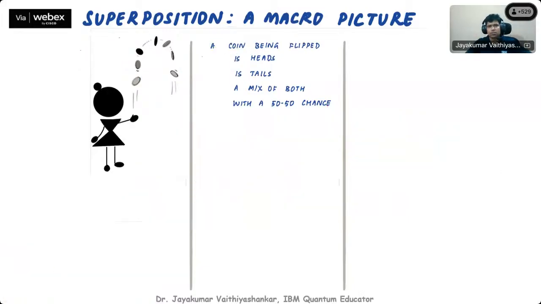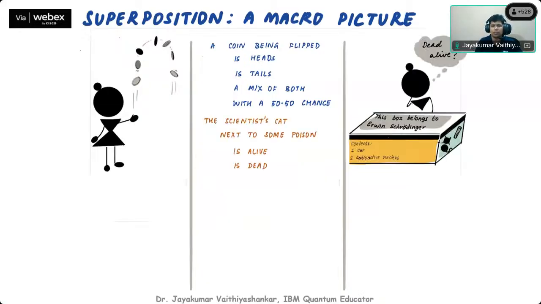If you understand this example, you can understand the Schrodinger's cat experiment. We are taking a black box. We cannot see what is inside that box. We put in a live cat and a radioactive material. Nobody knows when that radioactive material is going to decay. If the radioactive material decays, the cat is exposed to it, and if the cat is exposed, the cat will become dead.